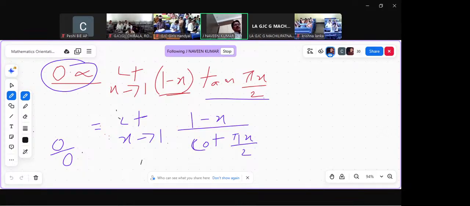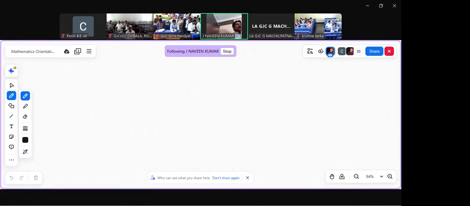Okay, one more indeterminate form. Suppose the given question is in the form of infinity minus infinity. A previous question we are going to discuss which is in the form of infinity minus infinity, a different and good question.